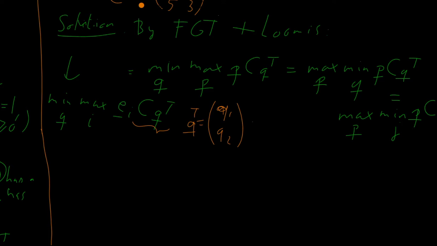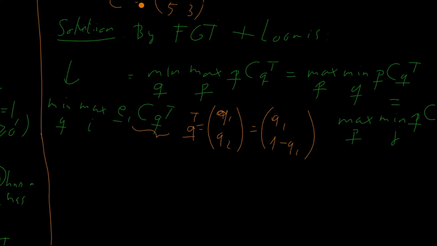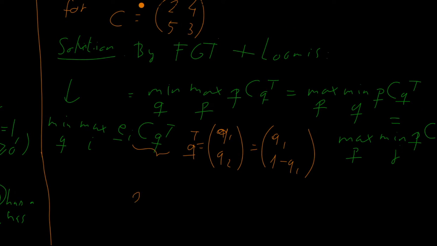And of course, using the fact that this is a probability distribution, I can always reduce the number of variables by 1, because we have this Q1 and the 1 minus Q1. So this is the Q vector. With Q1 probability I'm choosing the first column, and with 1 minus Q1 probability I'm choosing the second column. And the C matrix is given: this is 2, 4, 5 and 3.